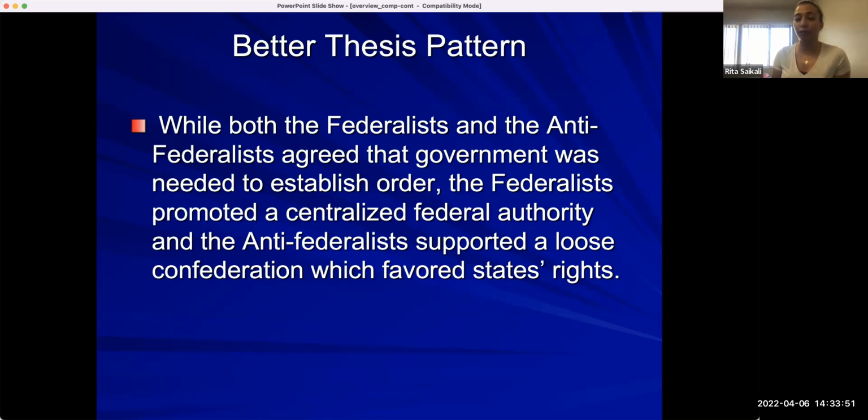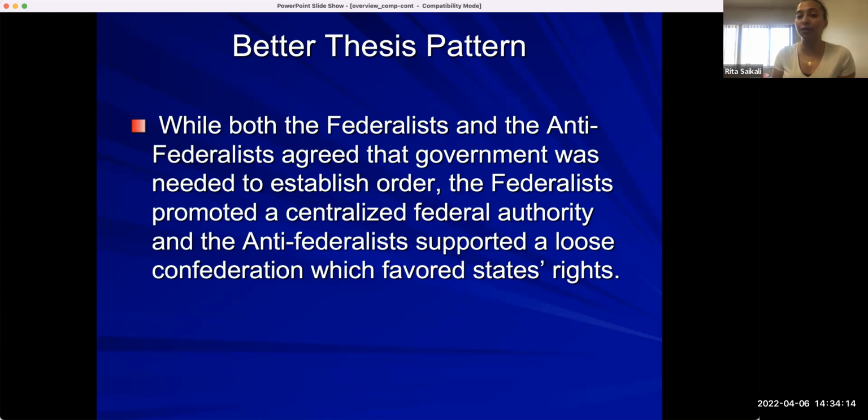The Federalists promoted a centralized federal authority, and the Anti-Federalists supported a loose confederation which favored states' rights. Okay, so we talk about the similarity, which was very specific, that they both agreed that the government needed to establish an order. They both agreed that there is a need for the government.